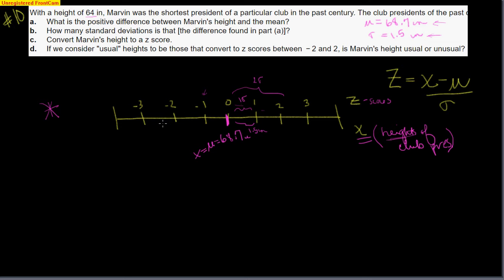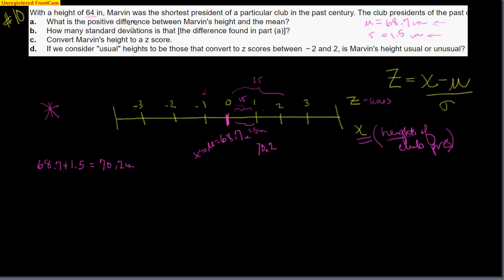Well, 68.7 plus that 1.5, you can do that on your calculator, is going to equal 70.2 inches. So somebody who is 70.2 inches is 1 standard deviation above the mean.